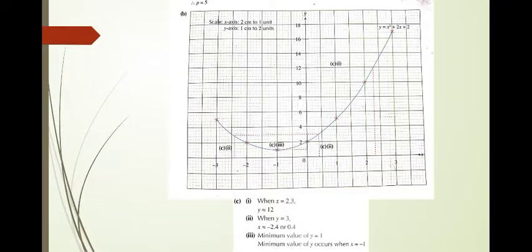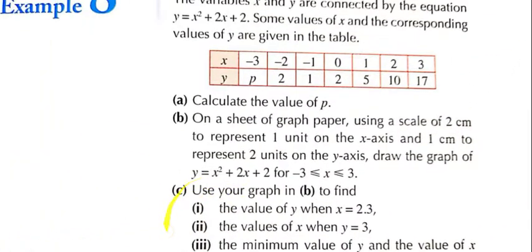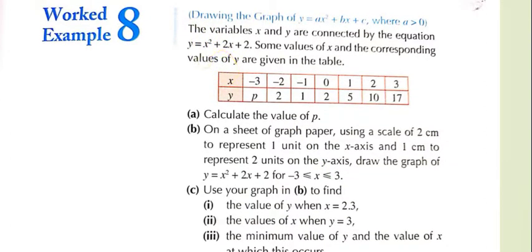Then part C, use your graph in B to find the value of y when x equals 2.3. Actually, without the graph, the way you can find the value of y when x equals 2.3 is just put it into the equation. So it becomes 2.3 squared plus 2 times 2.3 plus 2.